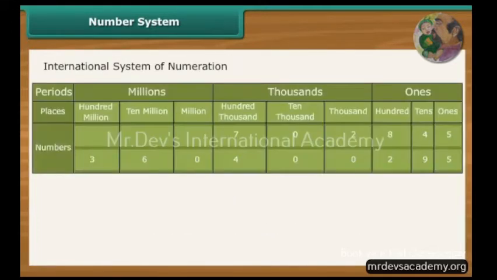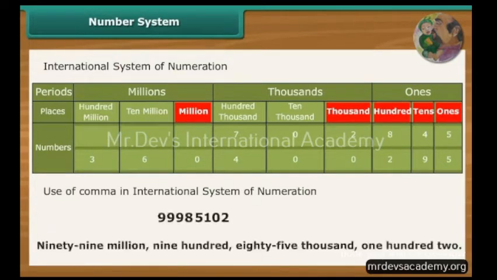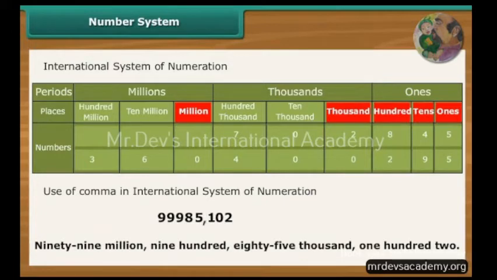In the international system of numeration, we have ones, tens, hundreds, thousands, and then millions. 1 million is 1,000 thousands. Commas are used to mark thousands and millions. A comma comes after every 3 digits from the right. The first comma marks thousands and the next comma marks millions.